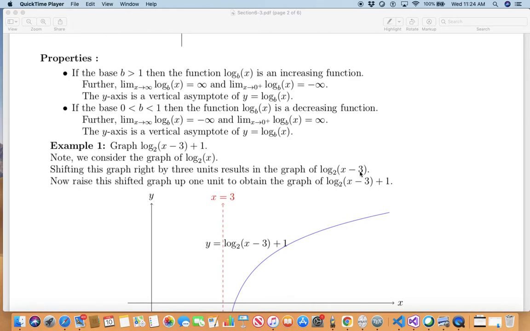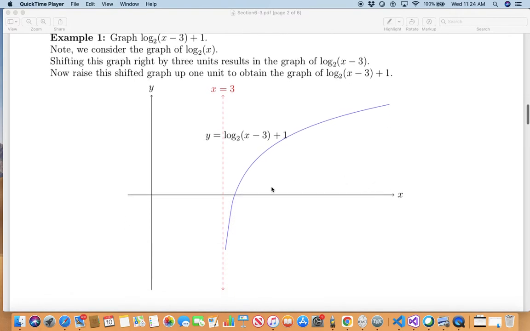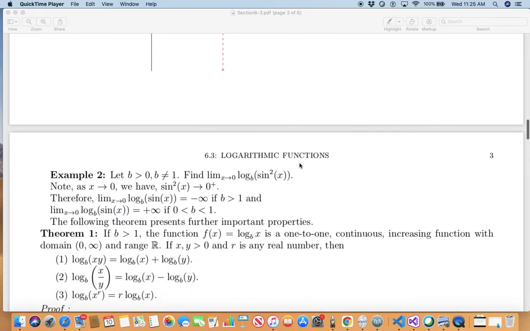Now take this shifted graph and raise it up 1 unit to obtain the graph you need: log base 2 of (x minus 3) plus 1. So you took log base 2, shifted it right 3 units, and then lifted it up 1 unit. So that's your graph.